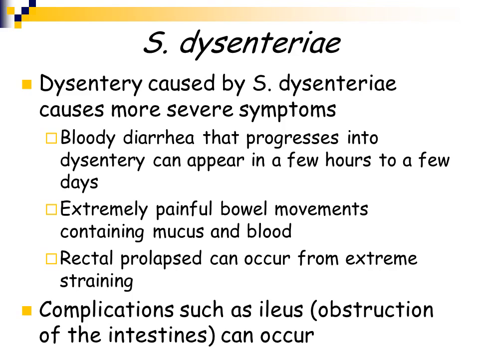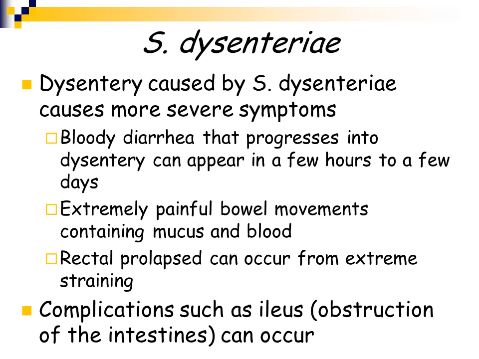Shigella dysenteriae causes a dysentery and has much more severe symptoms. So individuals will get a bloody diarrhea that progresses into dysentery. It can last for a few days or just a few hours. Usually it's extremely painful bowel movements containing mucus and blood.